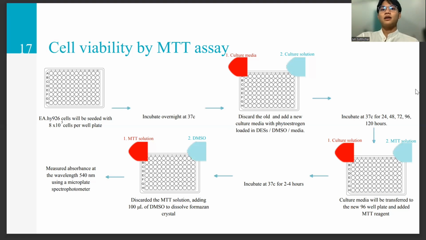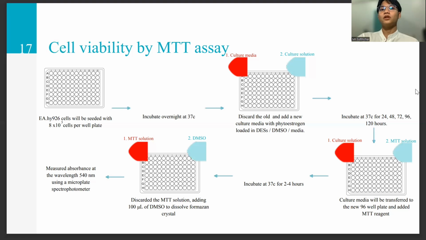Formazan crystals will be generated in the reaction when the time reaches 120 minutes. Discard the MTT solution before adding 100 microliters of DMSO to dissolve the formazan crystals. Then the cell viability will be measured by absorbance at a wavelength of 550 nanometers using a microplate spectrophotometer.